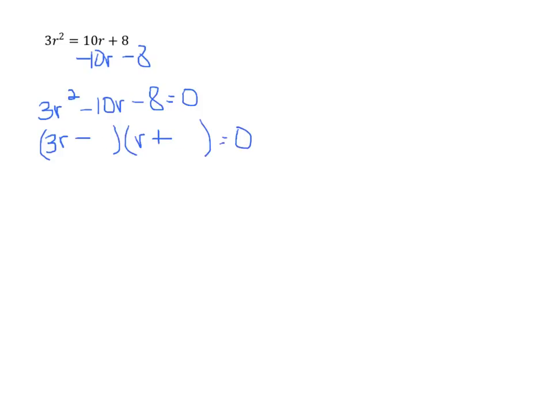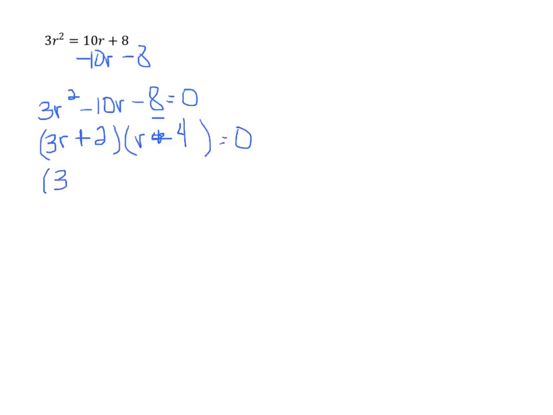So I'll erase. What if I switched them around? What if I made this a 4 and that a 2? Well, that's 12r minus 2 is negative 10r. That's getting closer. What if I make that a plus and this a minus? That'd be negative 12r plus 2r. That's my negative 10r. So that's how I will work through something like this.